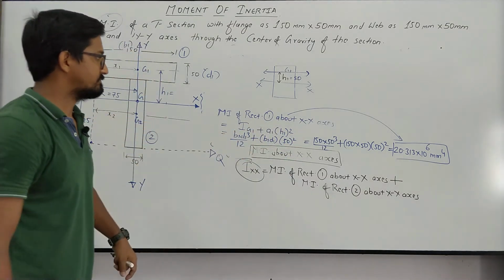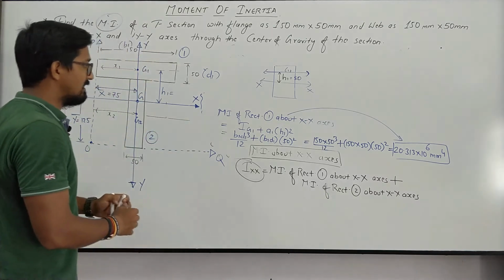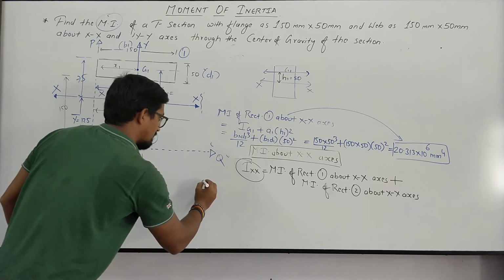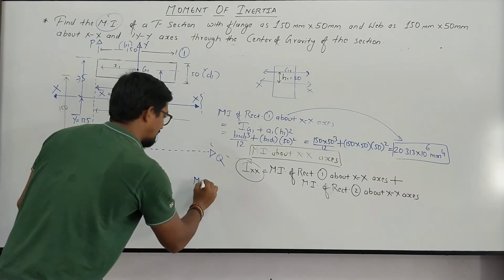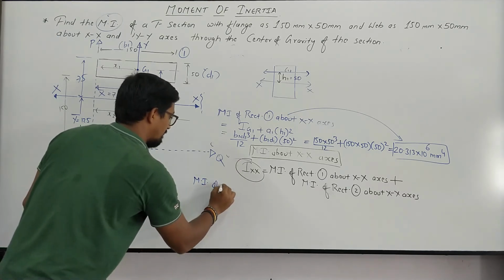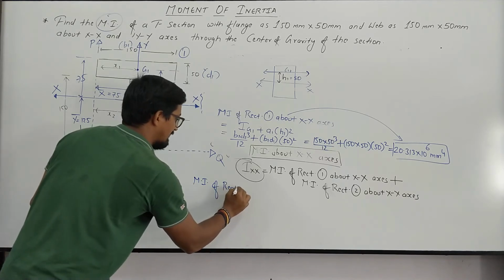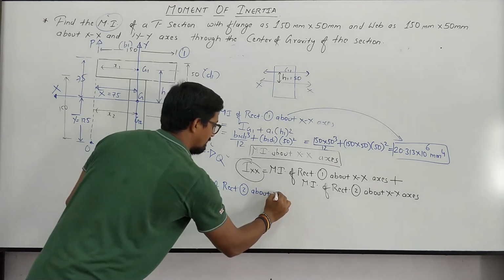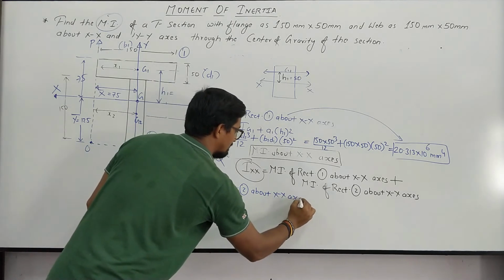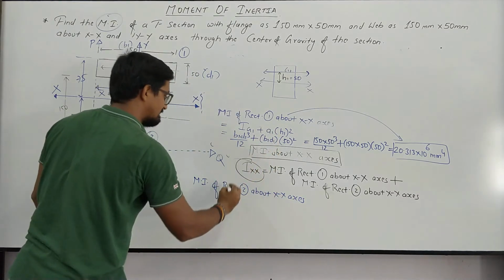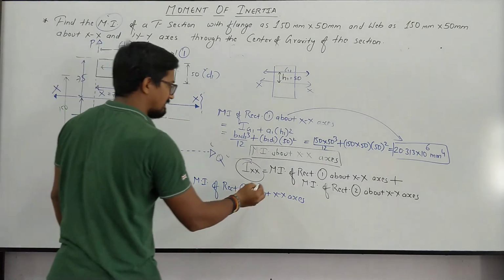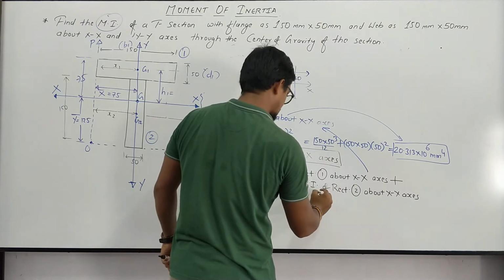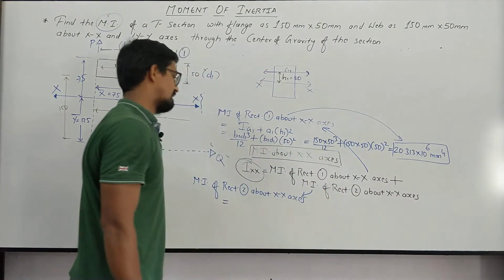You got it? Now similarly, on the same lines, I have to find the moment of inertia of rectangle 2 about x-axis. This is this and this is this, correct?